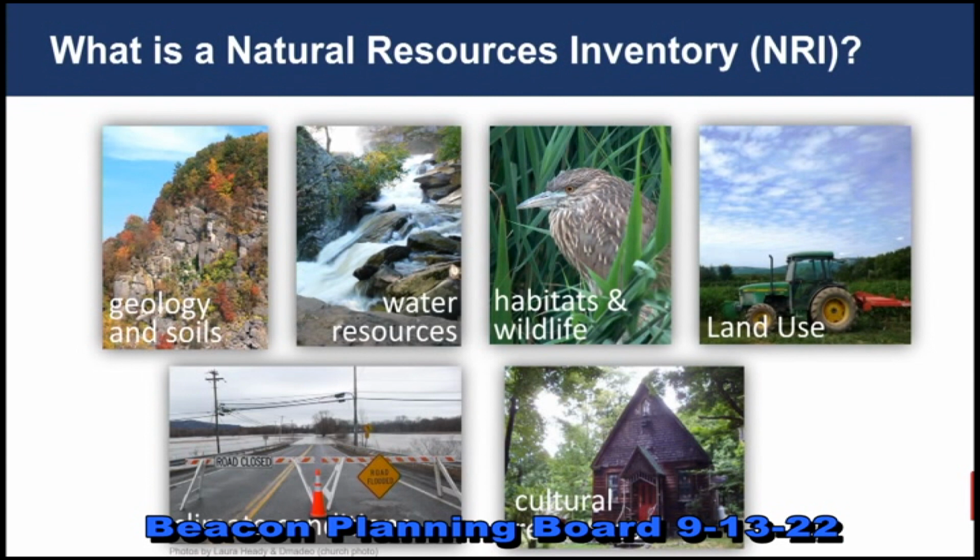And some communities also choose to document their cultural resources, things like historic sites, recreation areas, and scenic resources in the context of these projects. So the scope is really up to the community to decide, and these projects vary from place to place.